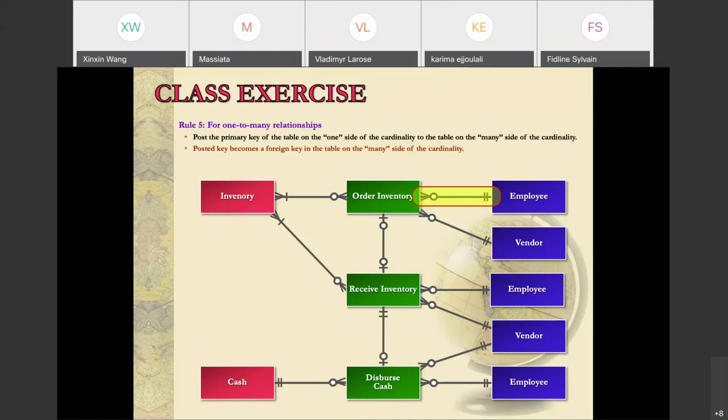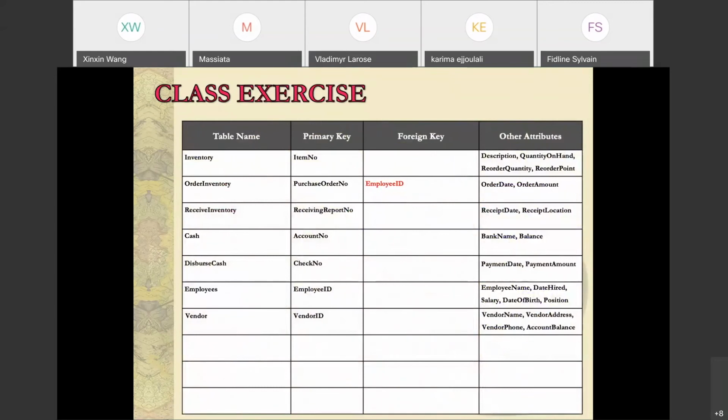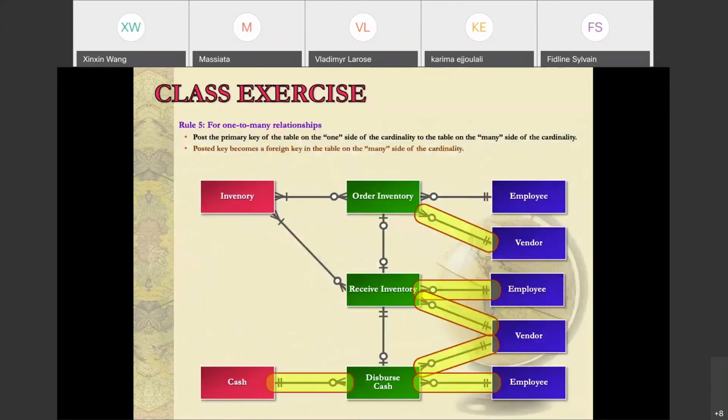So we repeat these procedures. Employee ID is the foreign key of the order inventory, right? And then this one, vendor ID becomes the foreign key of the order inventory table.